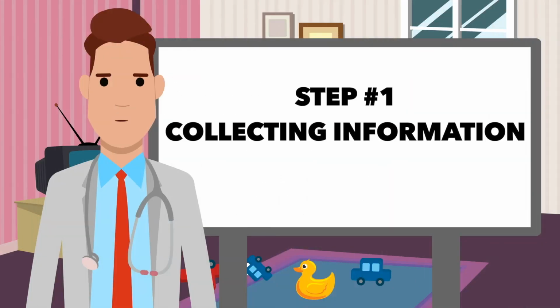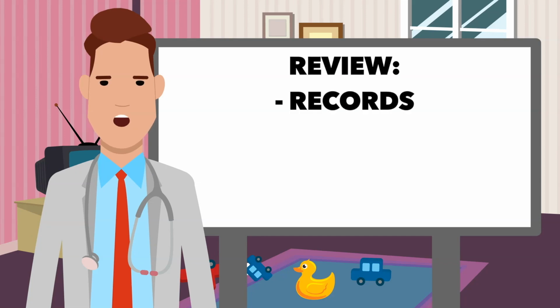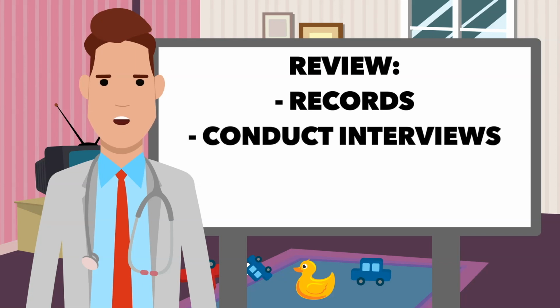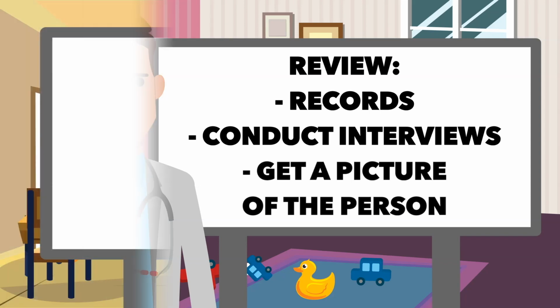Step 1. Collecting information. The first step in the process is to gather information. This includes a thorough review of any related records, such as school or medical reports. Interviews with parents, teachers, and other professionals can also provide valuable insight into the behavior. The goal is to get as much of a picture as possible of the person being assessed.